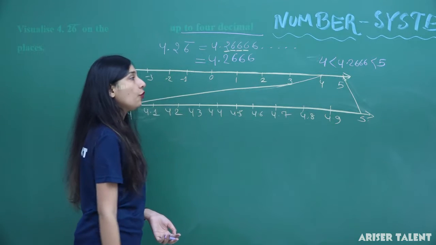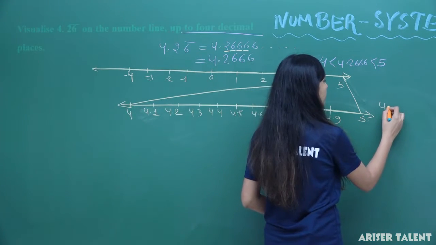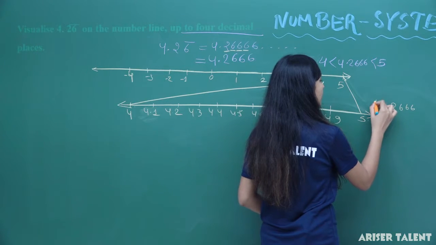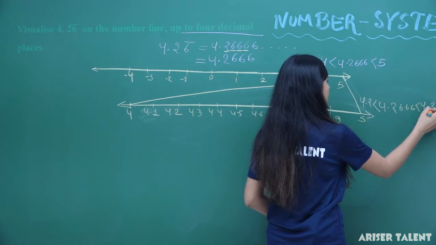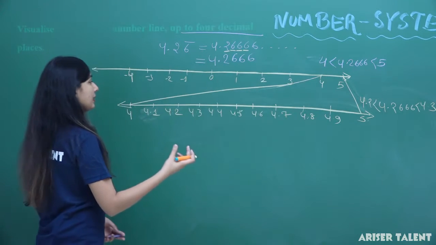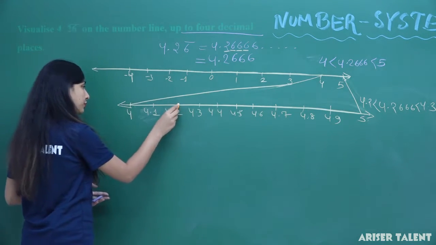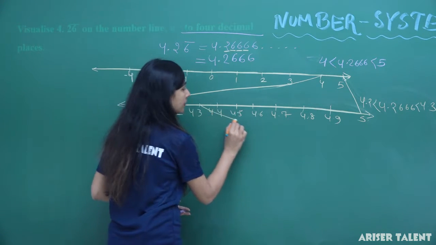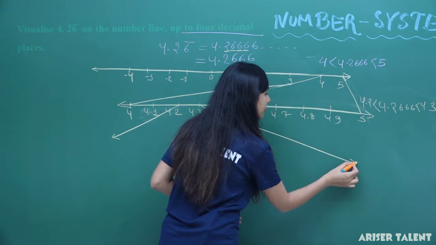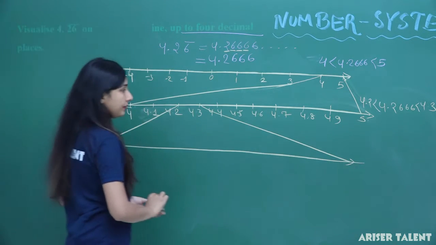But the value is 4.2666. Now 4.2666 will lie definitely between 4.2 and 4.3. So now I have to magnify this 4.2 and 4.3. Okay, 4.2 and 4.3, I have to magnify it. Okay.